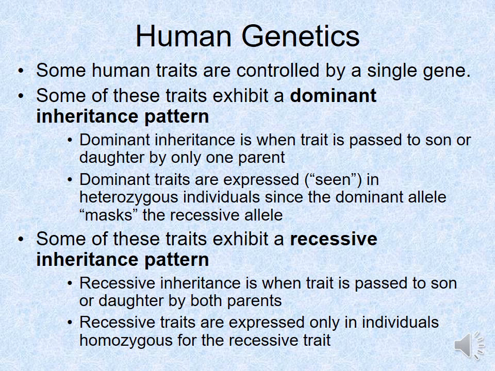They have to have both alleles be small a. And that means those small a's came from both of their parents. The recessive traits are expressed only in individuals that are homozygous recessive for that trait.